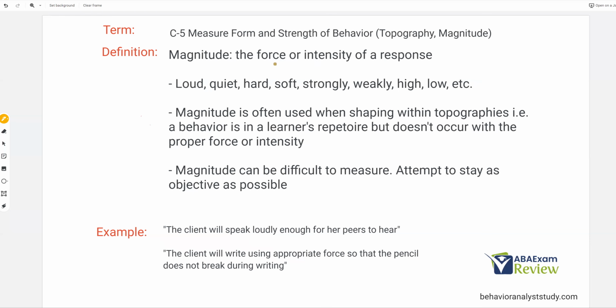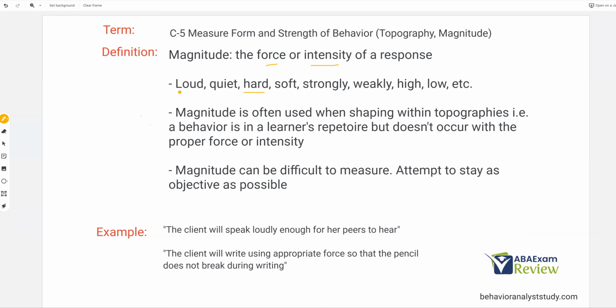And then magnitude is the force or intensity of a response. It can be difficult to explain magnitude. So try to use, maybe we call them adjectives, right? Or these adverbs. If we're using adjectives and adverbs, we're describing how things are occurring, okay? So it wasn't he hit his brother hard.